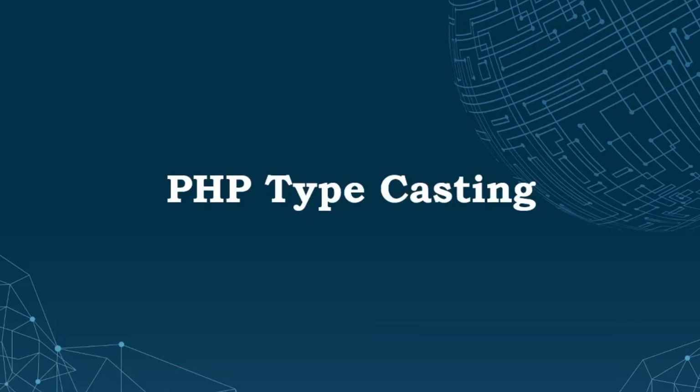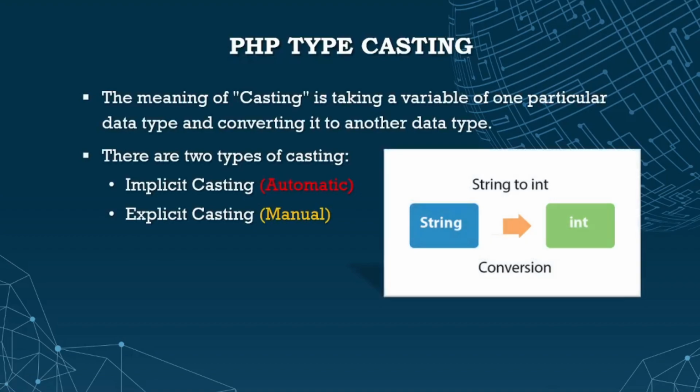Okay, now let's talk about the type casting. This is where we could manage yung data type ng isang value. So the meaning of casting is taking a variable of one particular data type and converting it to another data type. So there are two types of casting.